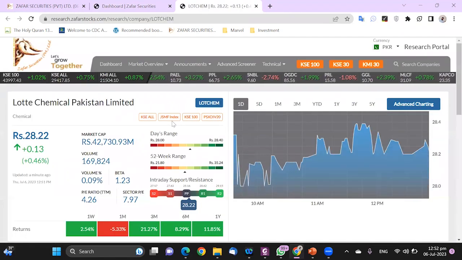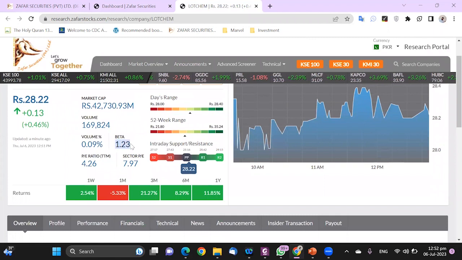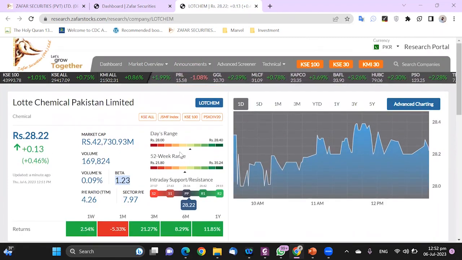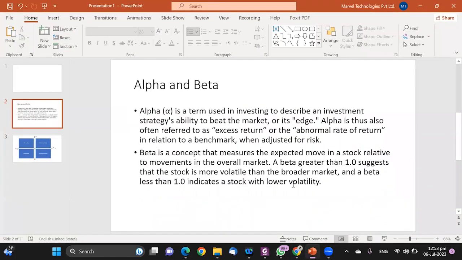Okay, the two parameters you must see are alpha and beta. Beta, you will find it here. This is 1.23. And alpha, you have to check its performance along with the stock market. So first of all, what is alpha?